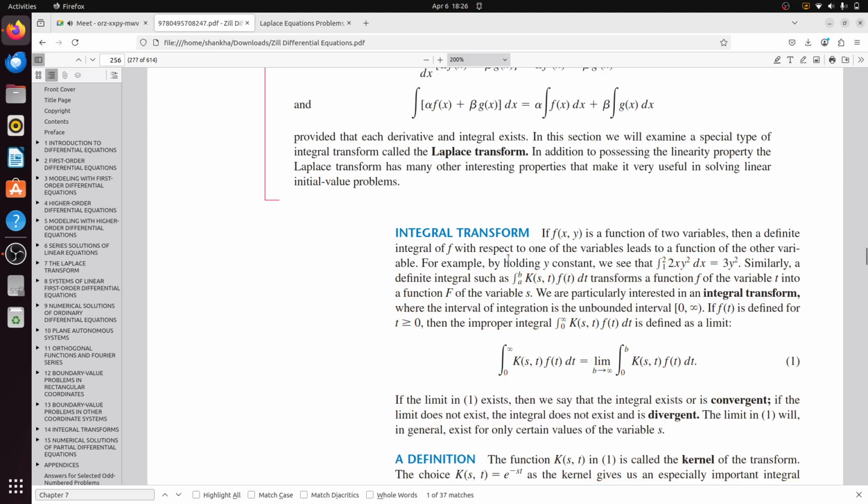Now similarly, if you have a function f(t), which is a function of t, mostly here the independent variable is written as t. Why? Because mostly the theory of Laplace transformation or Fourier transformation evolved with the growth of differential equations in physics, and in physics the kinematic laws are defined based upon t.